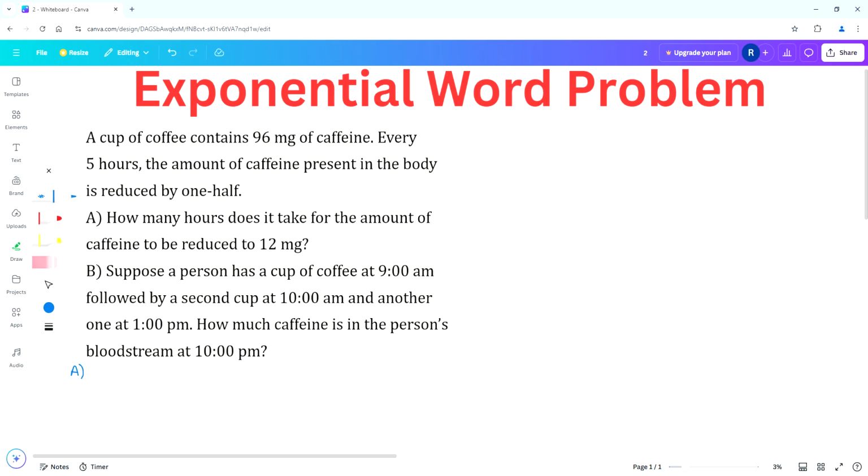In this problem, we are given that every 5 hours, the amount of caffeine is reduced by 1/2. This tells us that we have to use the formula for half-life to solve this problem. Let's start by writing the formula for half-life.